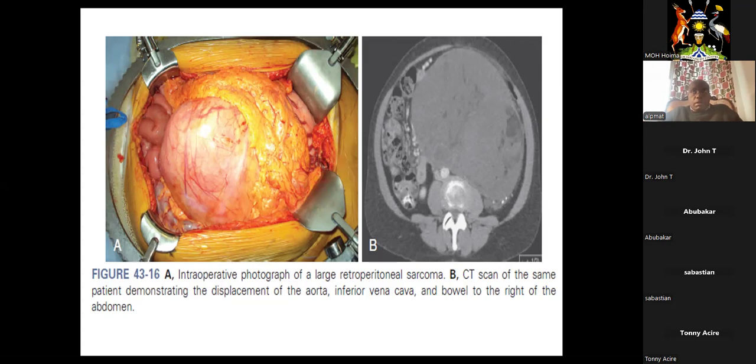The primary retroperitoneal organs are organs which primarily develop in the retroperitoneal space. For example, the kidneys are primarily retroperitoneal. The abdominal aorta is primarily retroperitoneal. The inferior vena cava is primarily retroperitoneal.